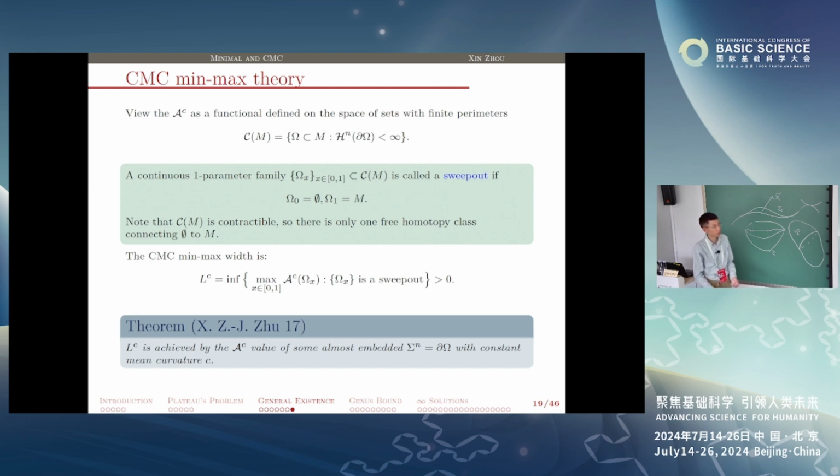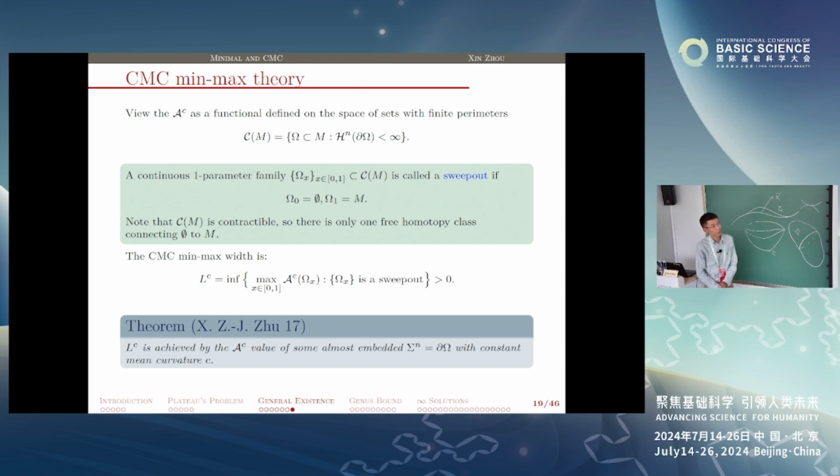Every two such loops are homotopic to each other. And then we can define the min-max similarly as Almgren-Pitts. So along each sweepout, I take the maximum of the functional, and then I take the infimum among all such one parameter families. Again, by the isoperimetric argument, it is positive. It's not that trivial, but it's not that hard.